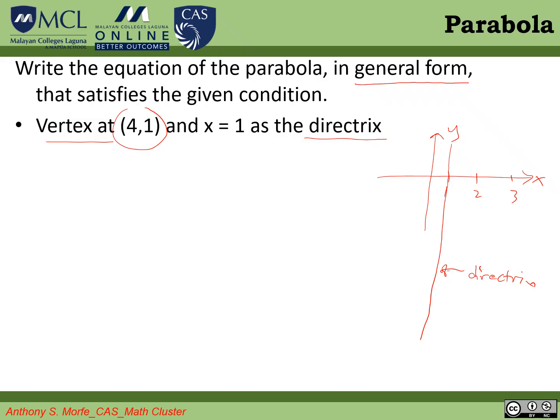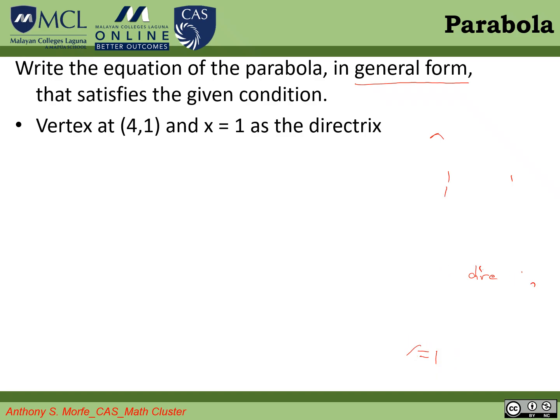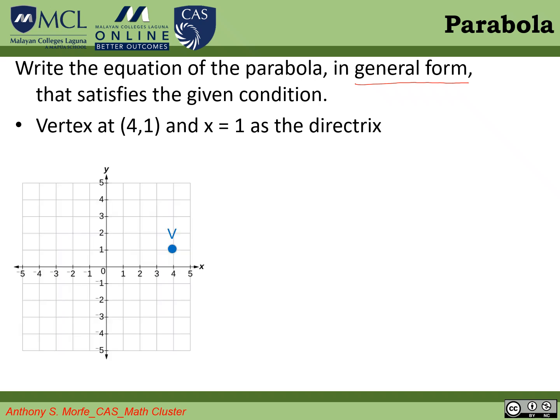Okay, so just to give you an idea, this is our directrix, class. This is the y-axis. This is x equal to 1. This line is x equal to 1. Alright. So first we have to put the information in a graph of x and y, or in the Cartesian coordinates like this.